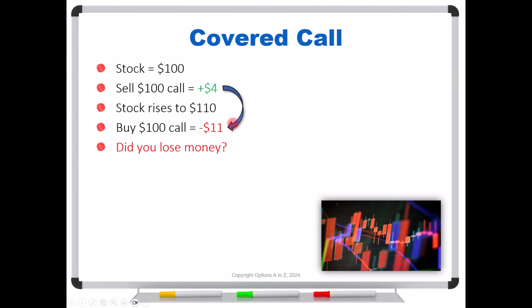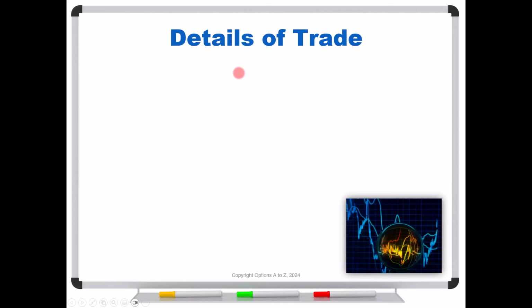Well, see, it's easy to fall into these traps when you're trying to break down multiple positions at different prices. So then if they want to get fancy, they'll say, well, let's check the details. Well, for the stock, let's see, I paid $100, so we'll use a minus sign. I spent $100. I sold the call for 4. I collected 4. That's a net cost of 96.